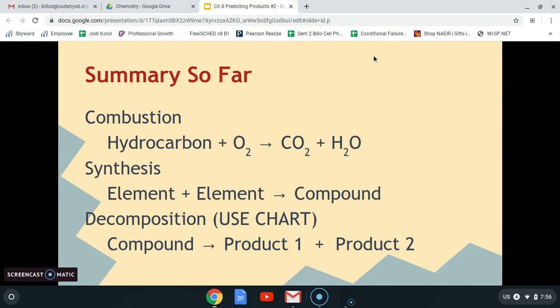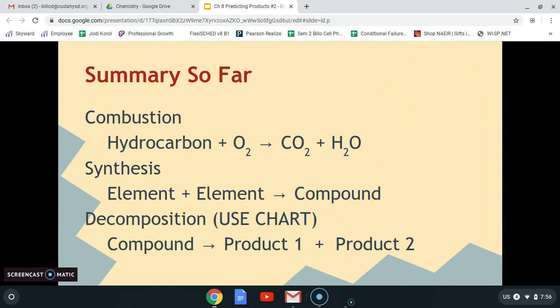Just to summarize the first three reaction types we took a look at, these were, as I consider them, more simple. I didn't say easy, but simple. In a combustion, you're looking for a compound that contains carbon and hydrogen combined with oxygen. If you see those two reactants, the products are always the same: carbon dioxide and water, so simply balance.